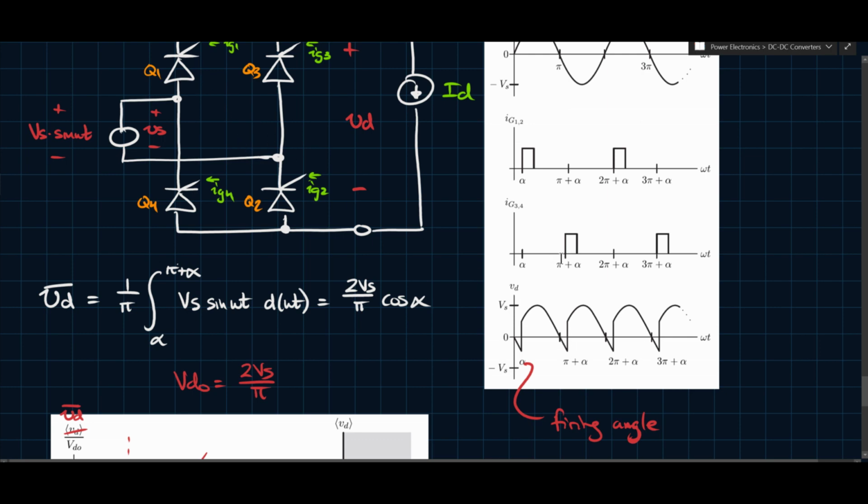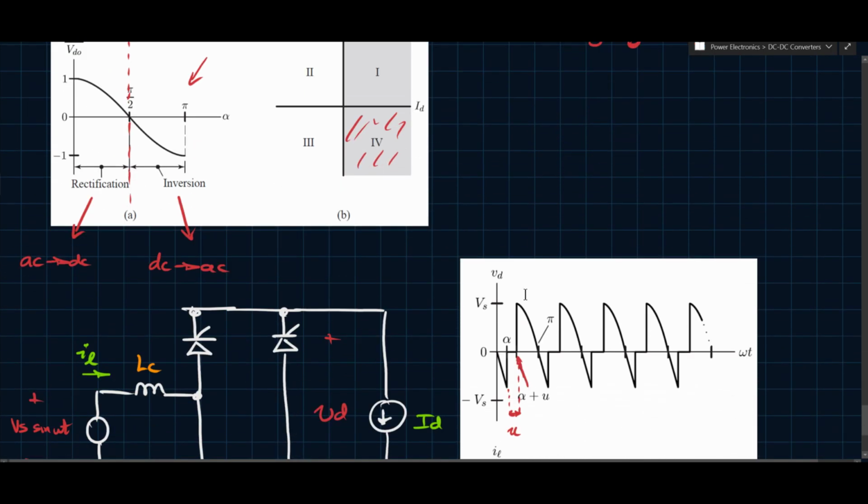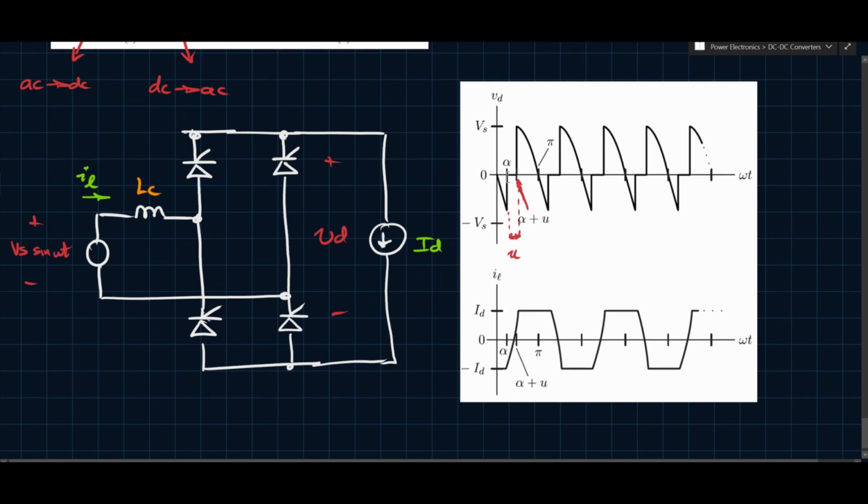It's instantaneous here. But alpha is where the switching would happen, so you would apply a pulse here. Let's say this is where the pulse is applied.